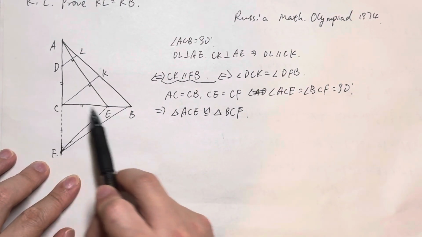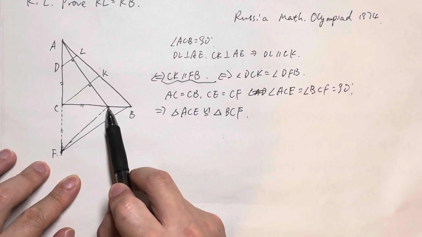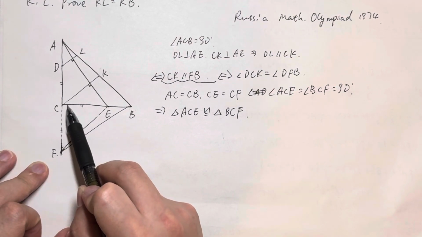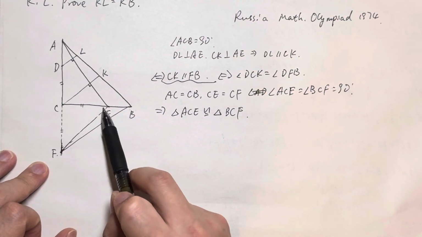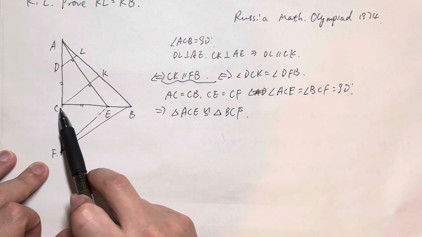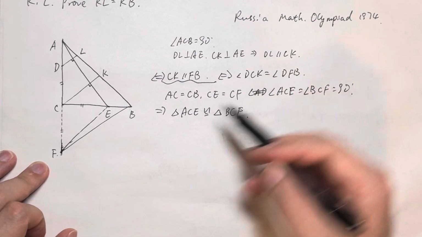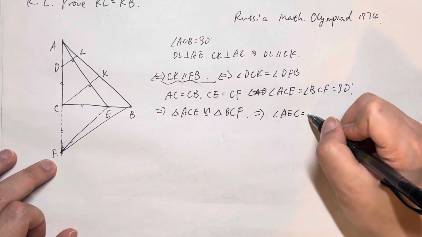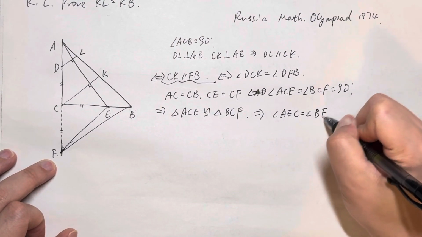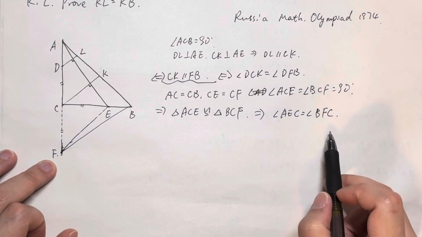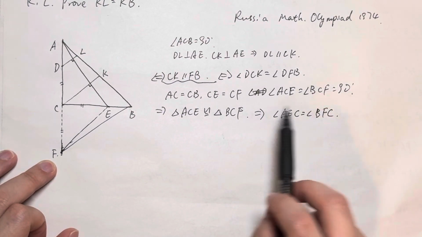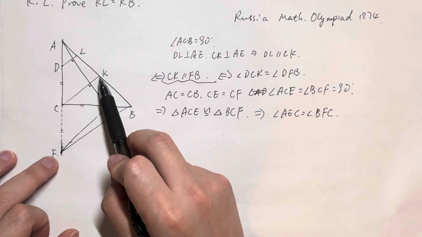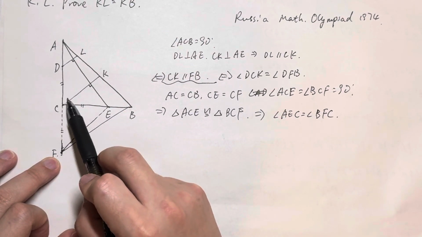AC equals CB, CE equals CF, and this is 90 degrees, this is 90 degrees, so triangle ACE is congruent to triangle BCF, which means angle AEC equals angle BFC, right? And remember that we want to prove that angle BFC equals angle KCD.